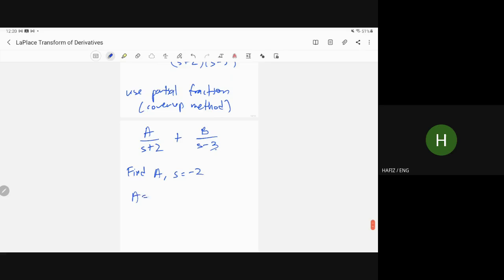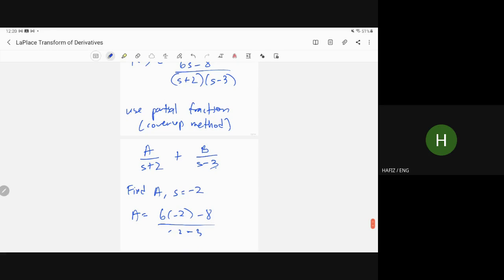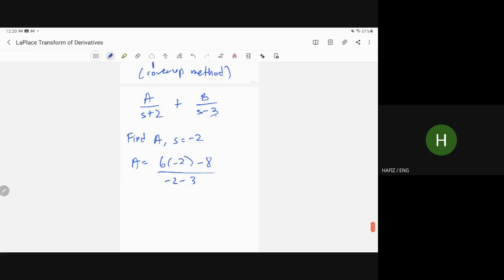So A is equals to, you cover up the s plus 2, right? So this becomes minus 6 minus 2, minus 8, over s minus 3, which is minus 2 minus 3. This will give you negative 12, negative 8, so negative 20 over negative 5, which is 4.